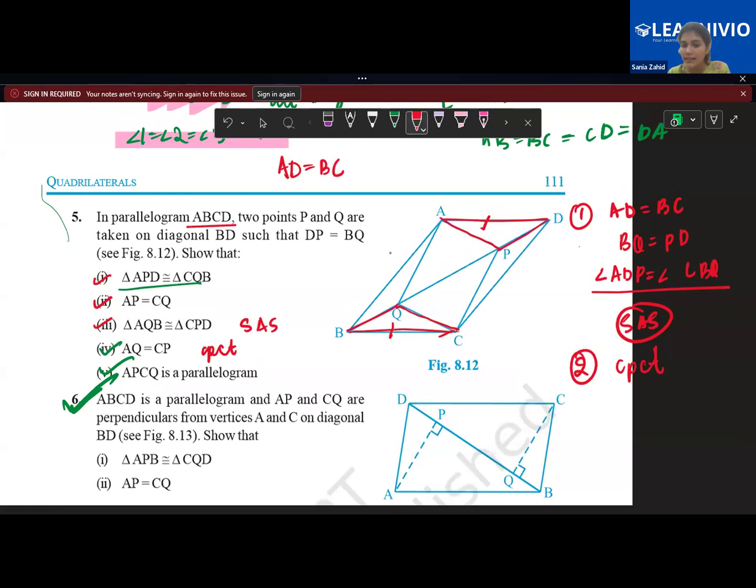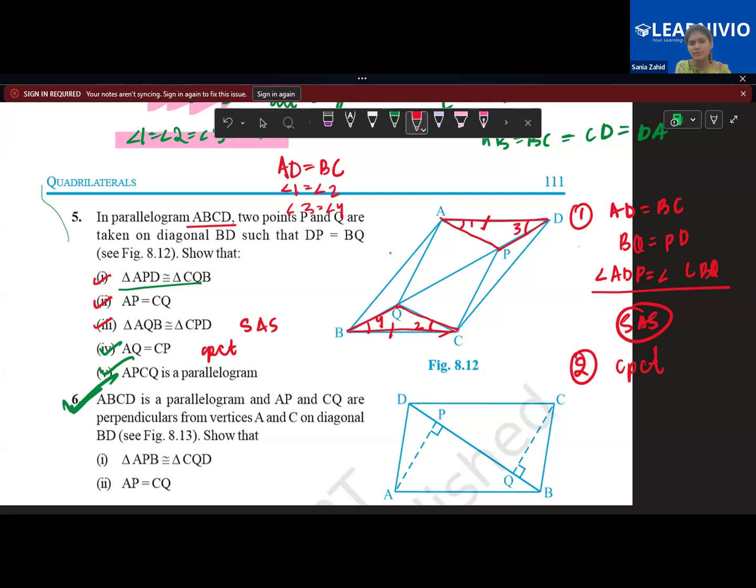And then can I say that this angle is equal to this angle because they are alternate interior? Angle 1 is equal to angle 2, and angle 3 is equal to angle 4. Right? So that is why I can use A as a congruency.